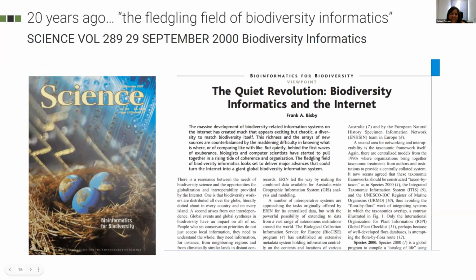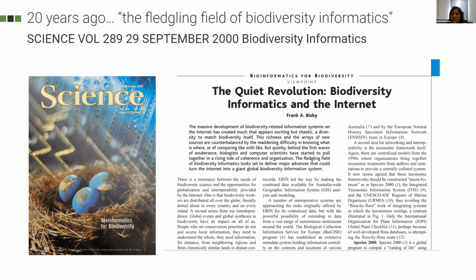So if we continue this journey through time, we will find this special volume of the Science magazine in the year 2000, exploring what was the emerging topic of bioinformatics for biodiversity.